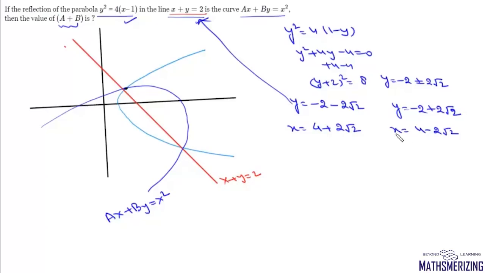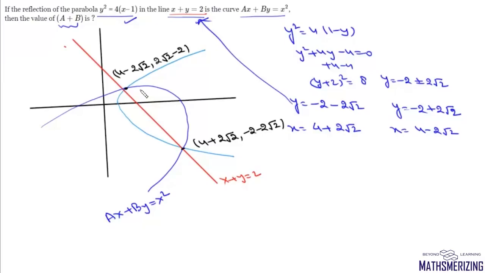So this point is (4 minus 2 root 2, 2 root 2 minus 2), and this point of intersection is (4 plus 2 root 2, minus 2 minus 2 root 2).